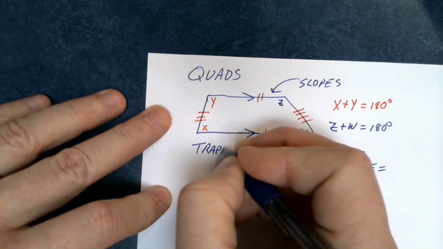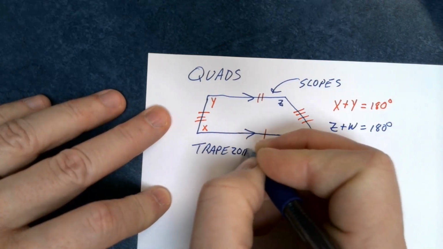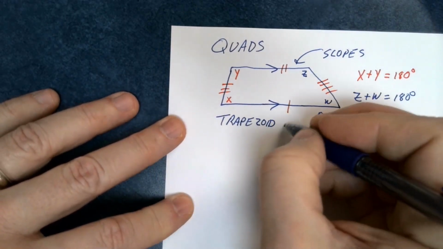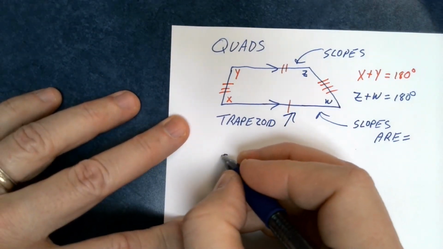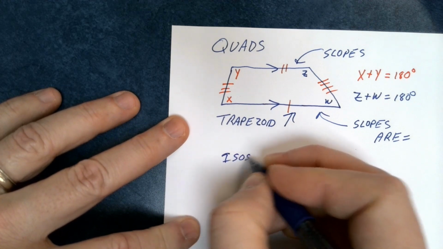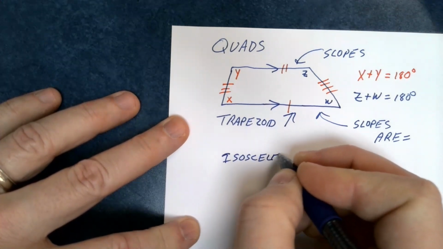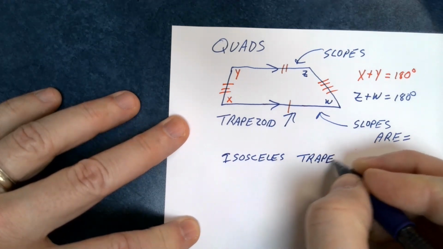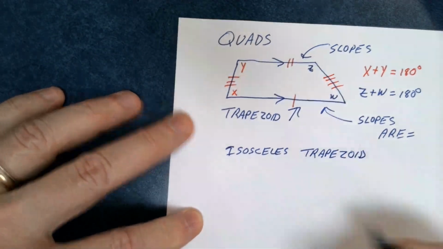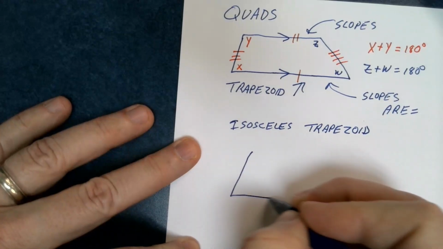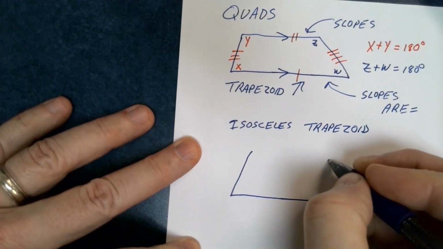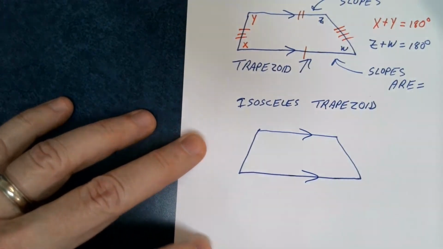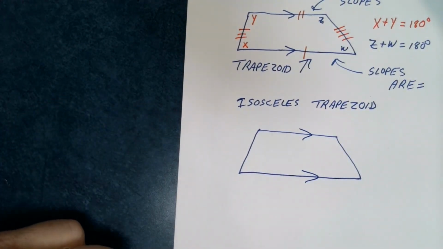However, we have special types of trapezoids. There's another one called an isosceles trapezoid, and it has a few more properties than just a regular trapezoid. An isosceles trapezoid looks like this, where you still have, just like a regular trapezoid, a pair of parallel sides just like that.